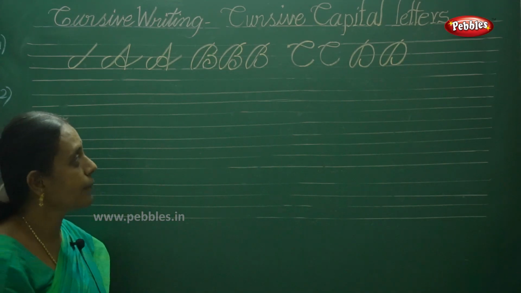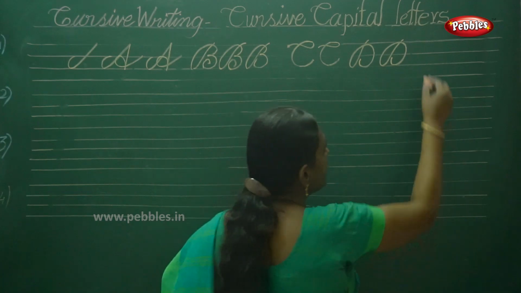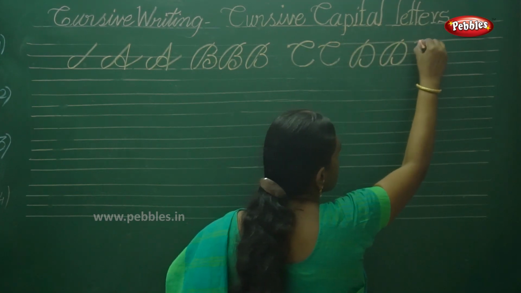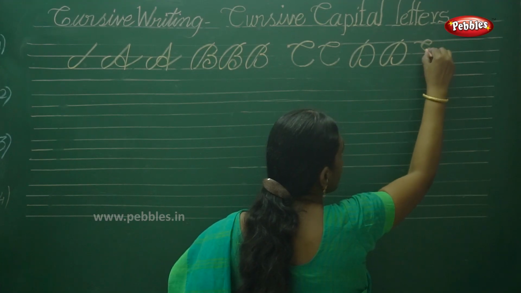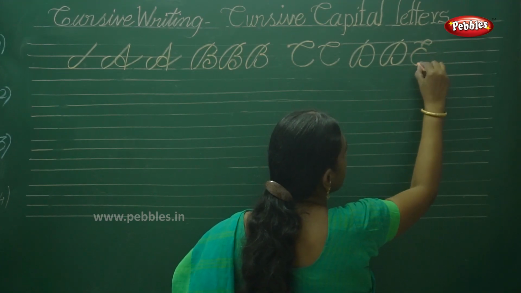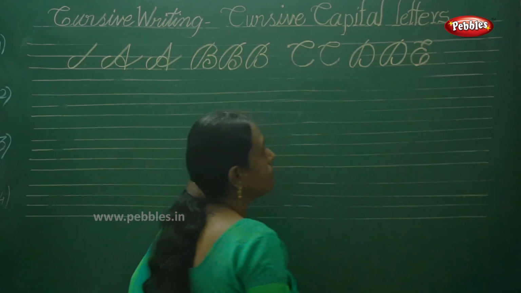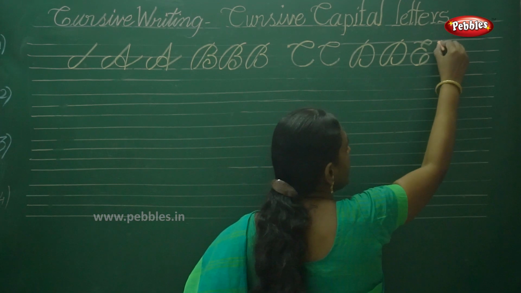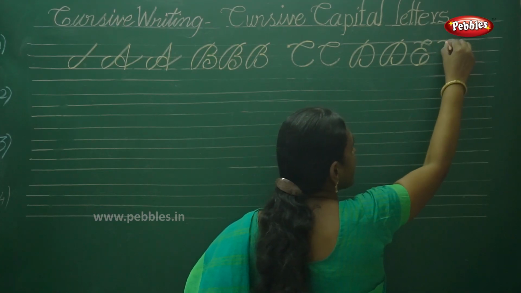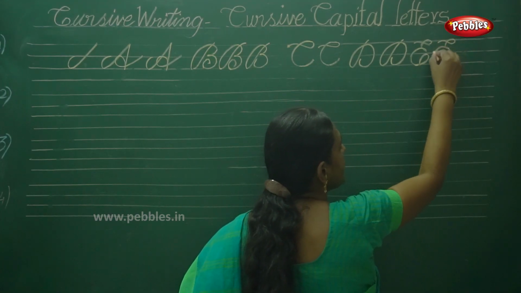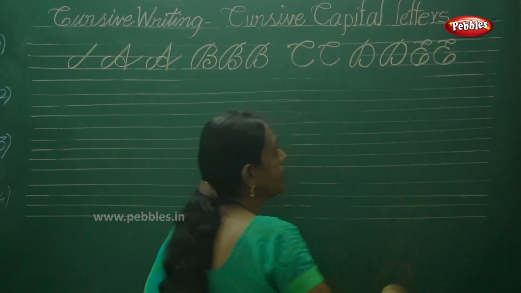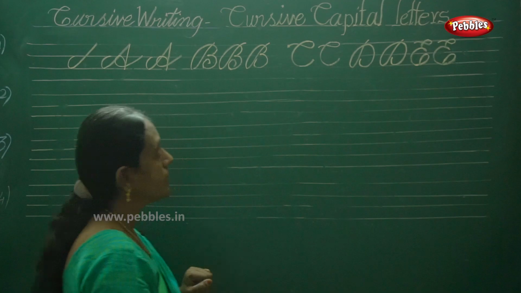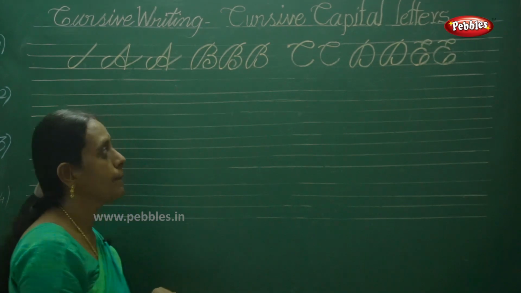Then next E, that is similar to C, start from this one and make the bigger lobe. It has 2 lobes, starting here, and this is E, capital cursive E.